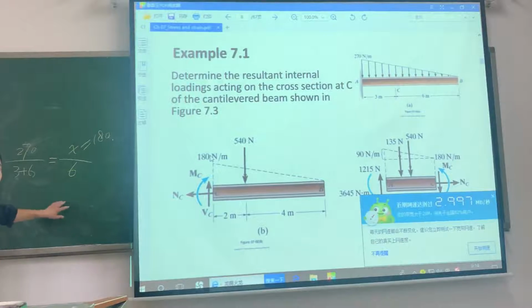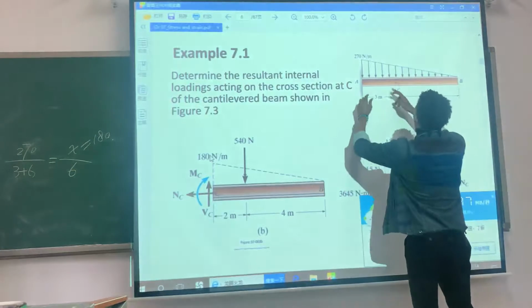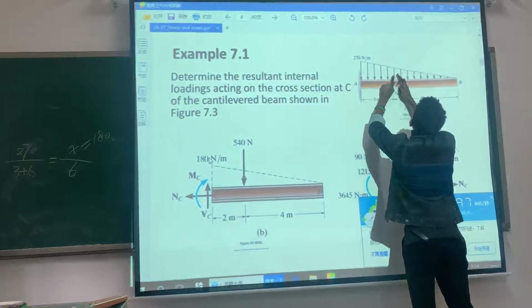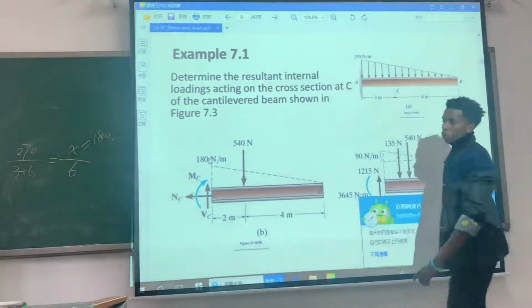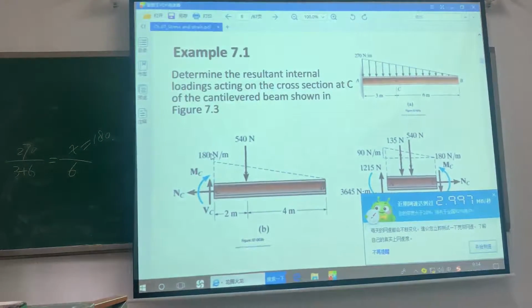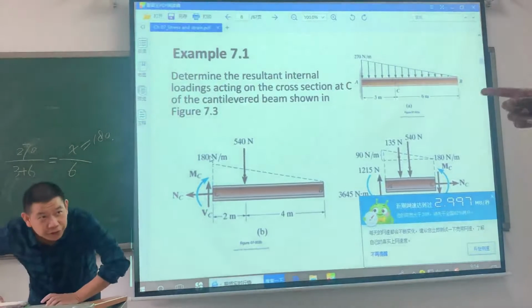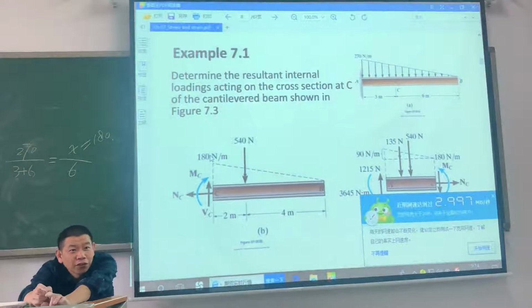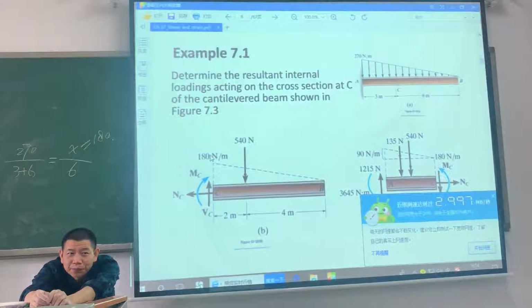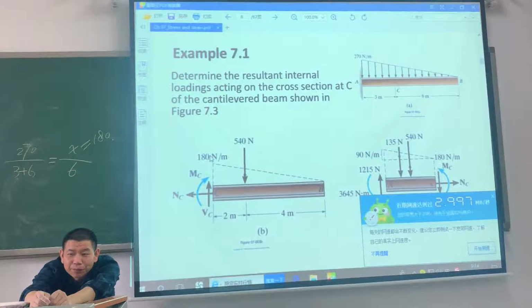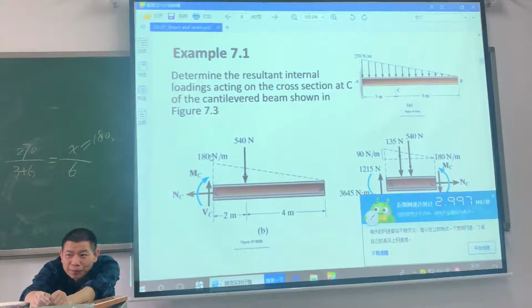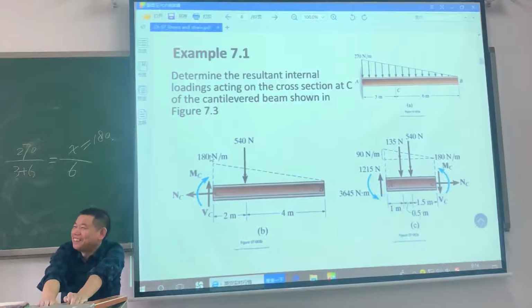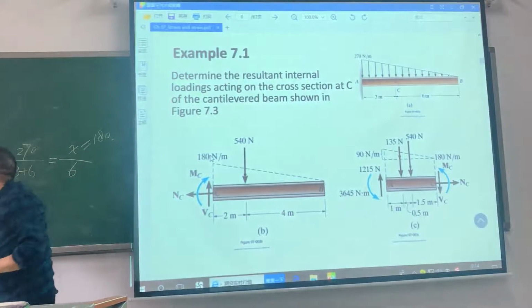This chapter is from primary school. Similar triangle, no? Okay.